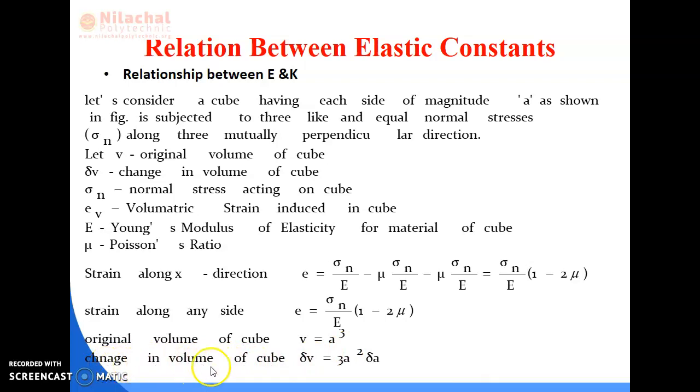Now change in volume of cube will be obtained by differentiating the volume of cube with respect to the side. That is del V by del A is equal to derivative of A cube, that is equal to 3A square. That is del V is equal to 3A square into del A.